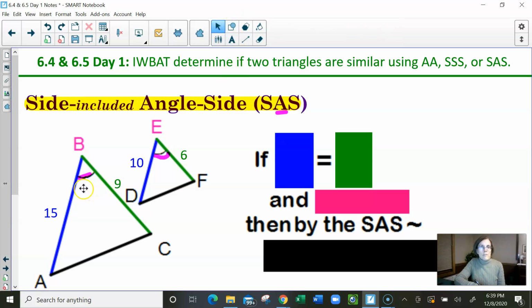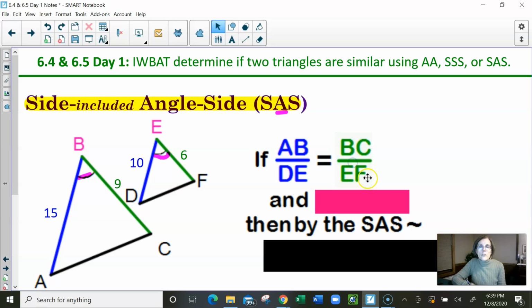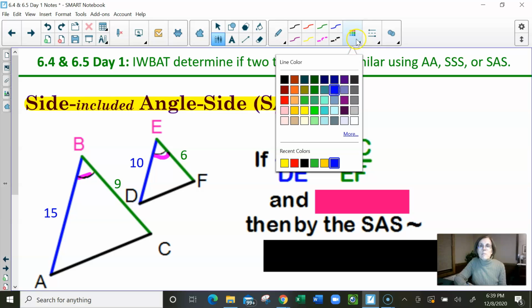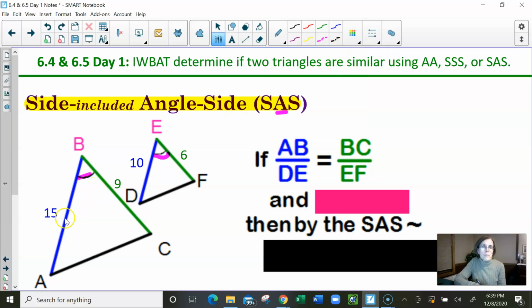So if we're going to use side angle side, we know that the ratio of AB to DE is equal to the ratio of BC to EF. Again, anytime we are using sides, we need to show that those ratios are the same. So let's actually work through that because we do need to show the work.